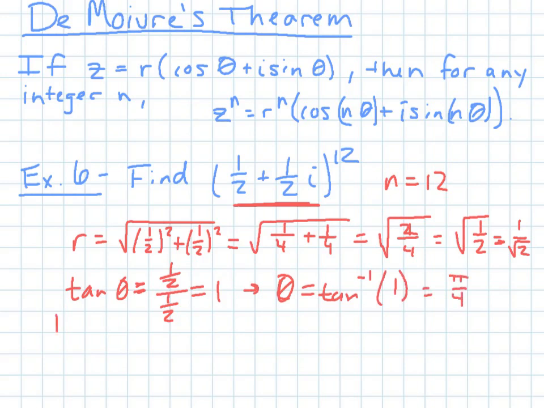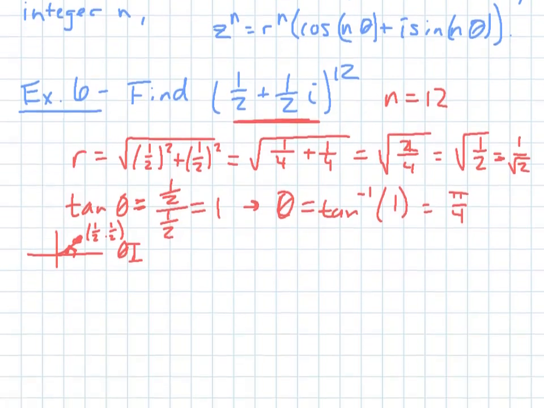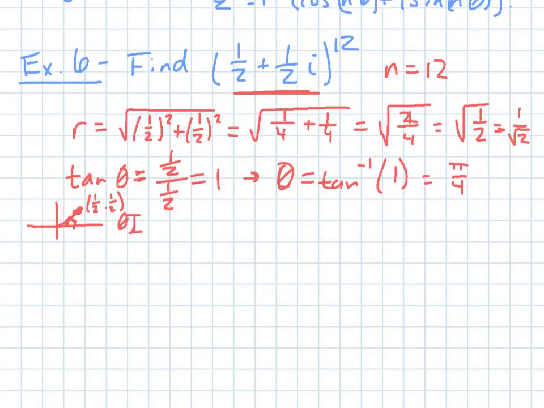For this argument, remember it's graphed at 1/2, 1/2, so it should be in the first quadrant. That's why I don't have to change that value to anything. Okay, so now I've got my angle and my r, and now I can plug it into De Moivre's theorem.